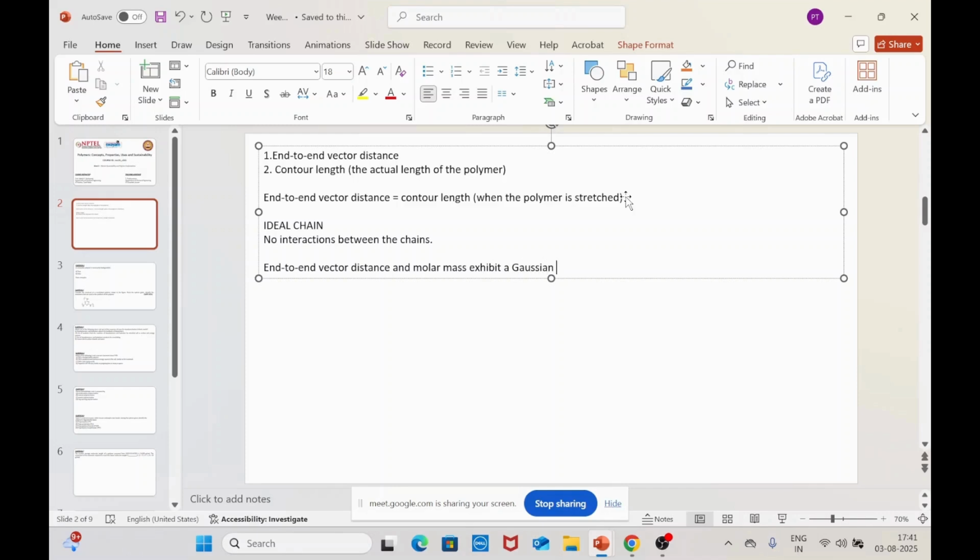Because in case of this ideal chain model, the polymers typically exhibit this Gaussian distribution.